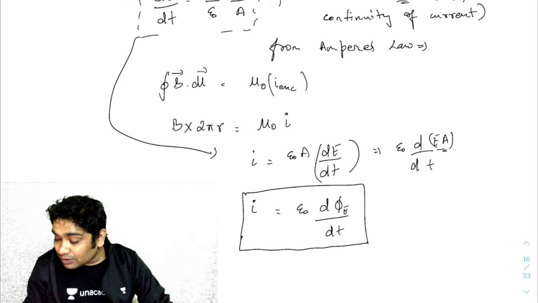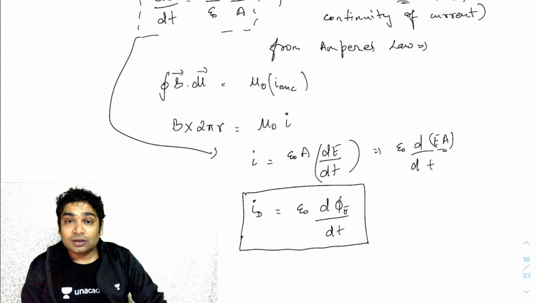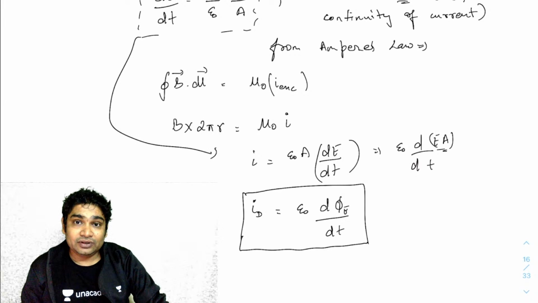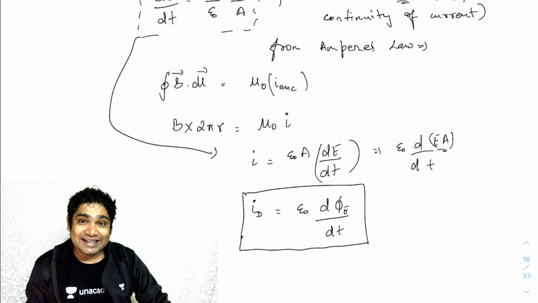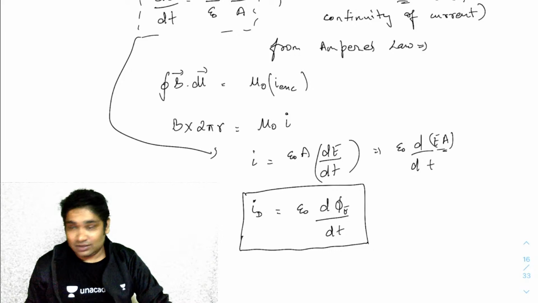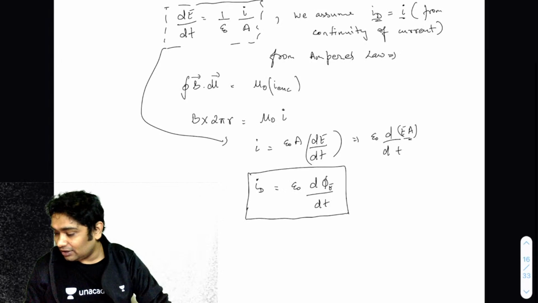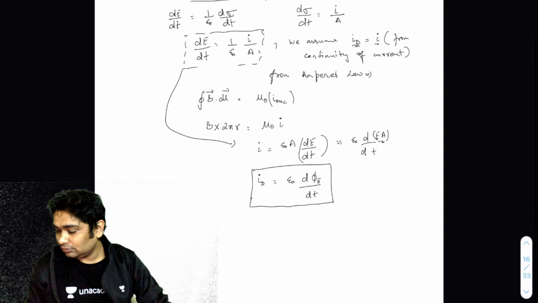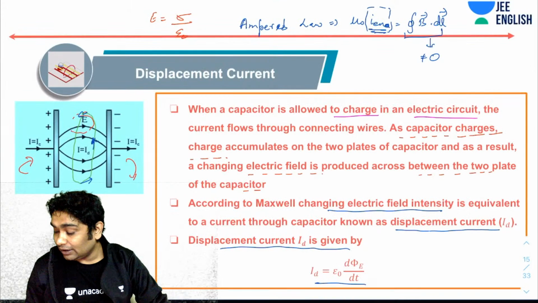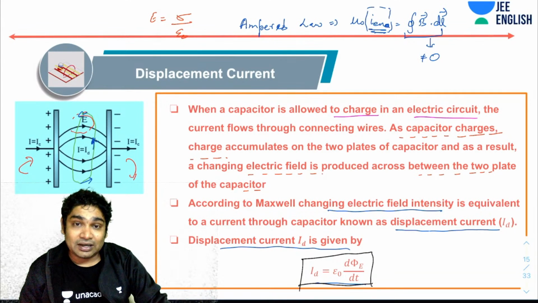So I displacement, the equivalent current due to the changing electric field, is given like this. This was the expression that we had before, right? That is how you can find the equivalent displacement current due to a time varying electric field.